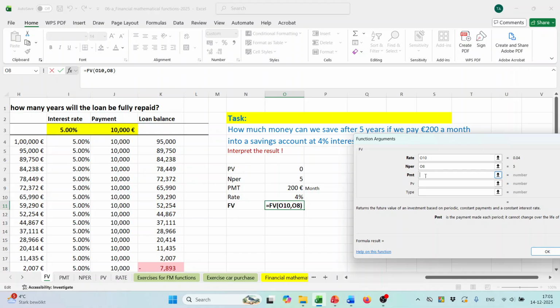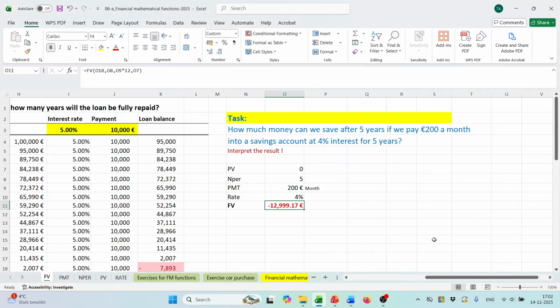Our payment is 200 euro, but this is a monthly payment. We have to multiply it with 12 for getting the annual payment. PV, our present value, is 0.